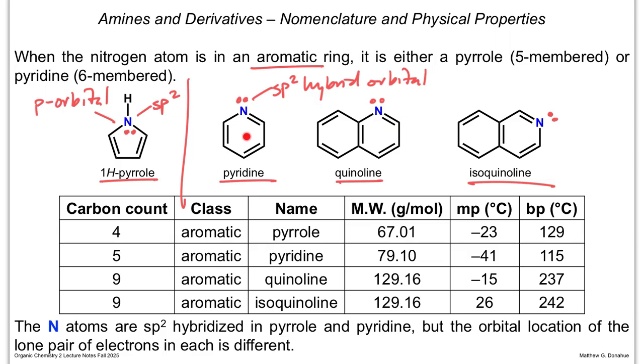So pyridine, quinoline, and isoquinoline are fine to use as bases. Pyrrole is not a good base because that lone pair is in a p orbital that's tied up in the conjugation to make this aromatic, meaning it's not available to act as a base.